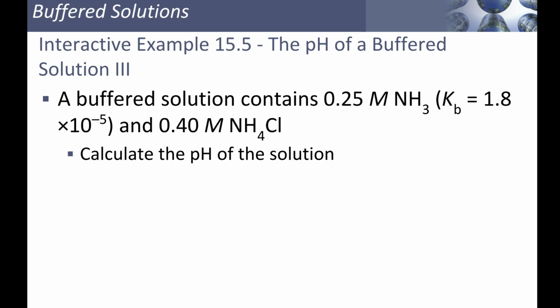Because the weak acid is your... no, there's no weak acid. It's like the common ion, right? Because there are two of them. Yeah. You have a base, and because you're adding a very soluble salt, which is ammonium chloride, to your base, how would you find the pH of that?